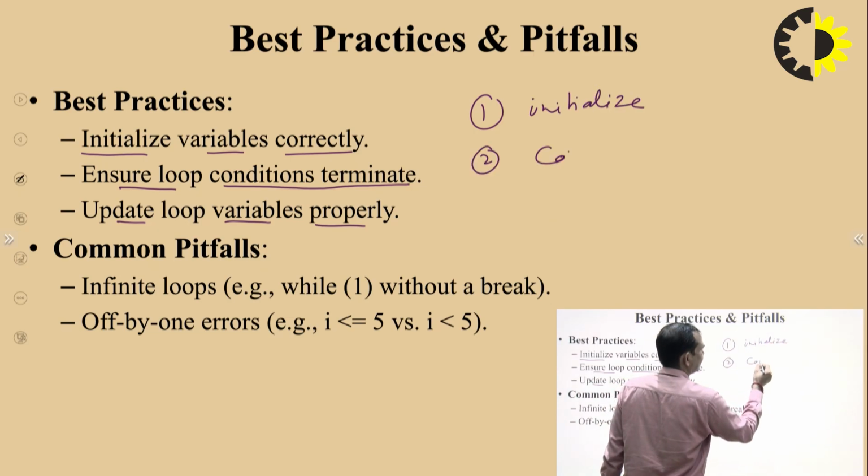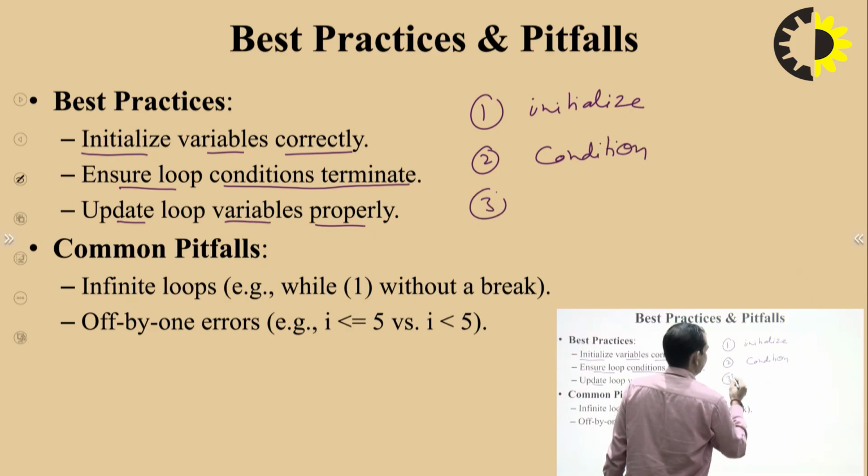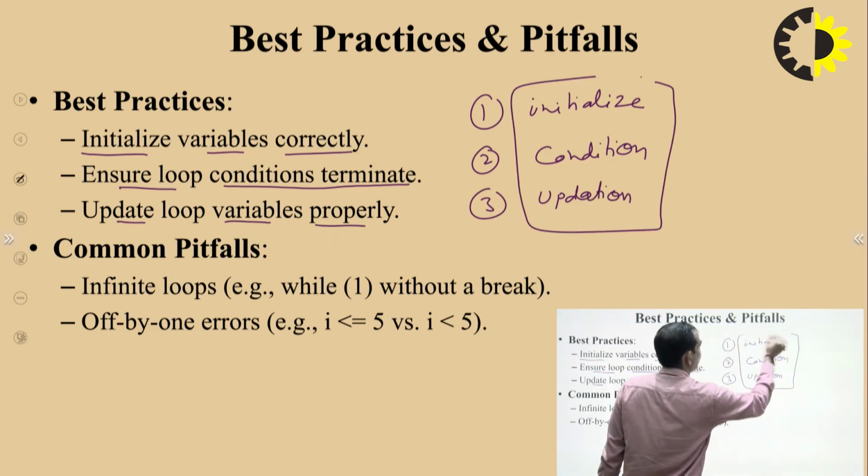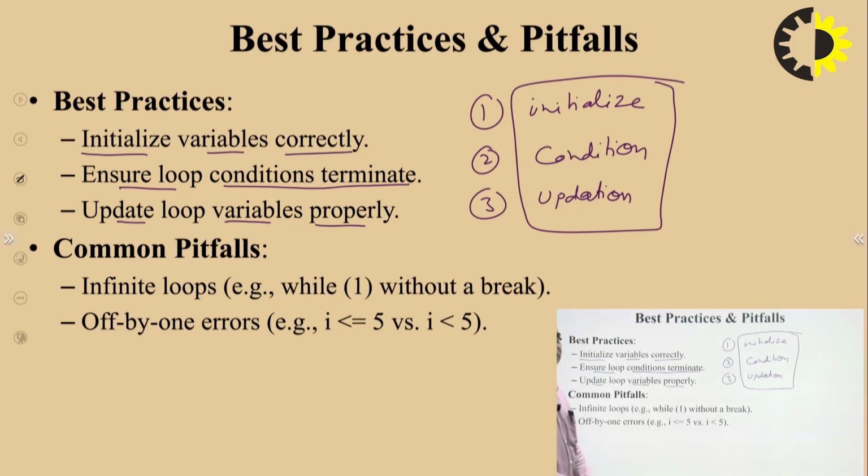Then we define the condition, and then the third is the updation. So when we are using the for loop, we have to focus on three steps. One, initialize correctly. Second, ensure the loop condition. And third, update the value of the variable. What are the common pitfalls?